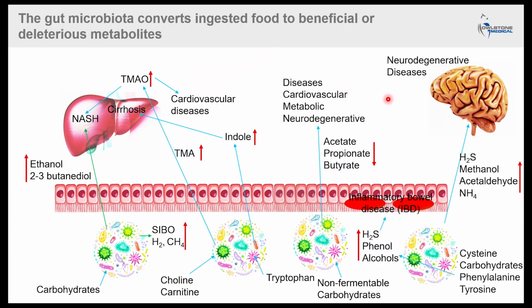There are other compounds, for example, methanol, acetaldehyde, and ammonia, that can be associated with neurodegenerative diseases. For example, ammonia in subjects with cirrhosis can lead to hepatic encephalopathy, a cognitive defect due to the incapacity of the liver to remove this compound from the blood.